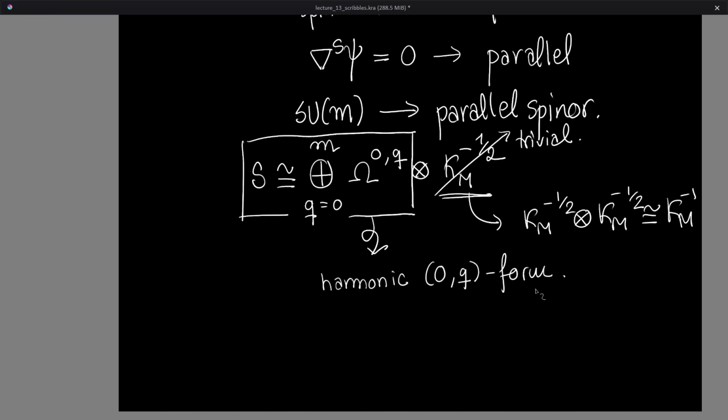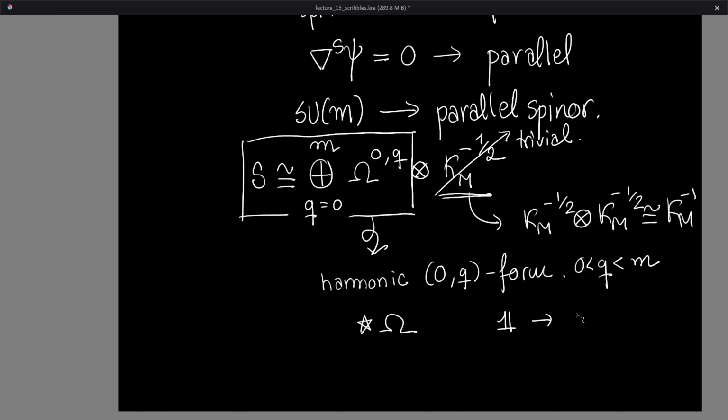And this harmonic (0,q) form, well, at least we will always have one of them if we take the Hodge star of our holomorphic m-form, where q here can be anywhere between 0 and m. So we get this one, and we can add on top of that a constant function. Let's call it 1, the constant function.